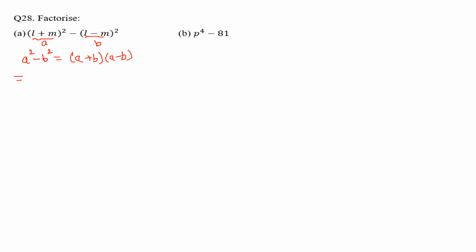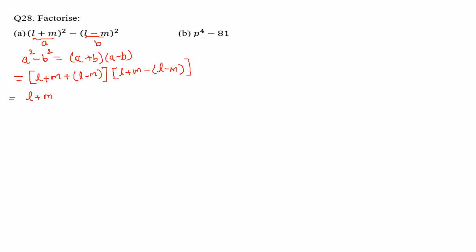So A plus B, your A is L plus M, plus B, L minus M. I'm putting it in a bracket. Then A minus B, so L plus M minus (L minus M). Okay, now open the bracket.